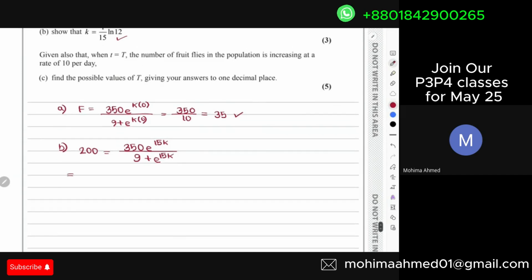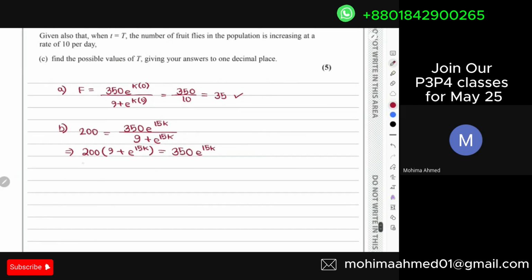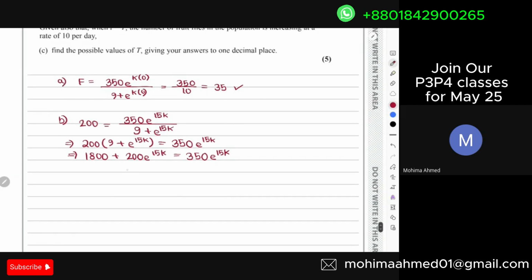If you take the denominator to the left-hand side, you basically have 200 times (9 plus e power 15k). 200 with 9 is going to give you the value of 1800, plus 200 e power 15k. Now take e power 15k to the same side. So basically we have 350 minus 200, right? So that's how much? 150.